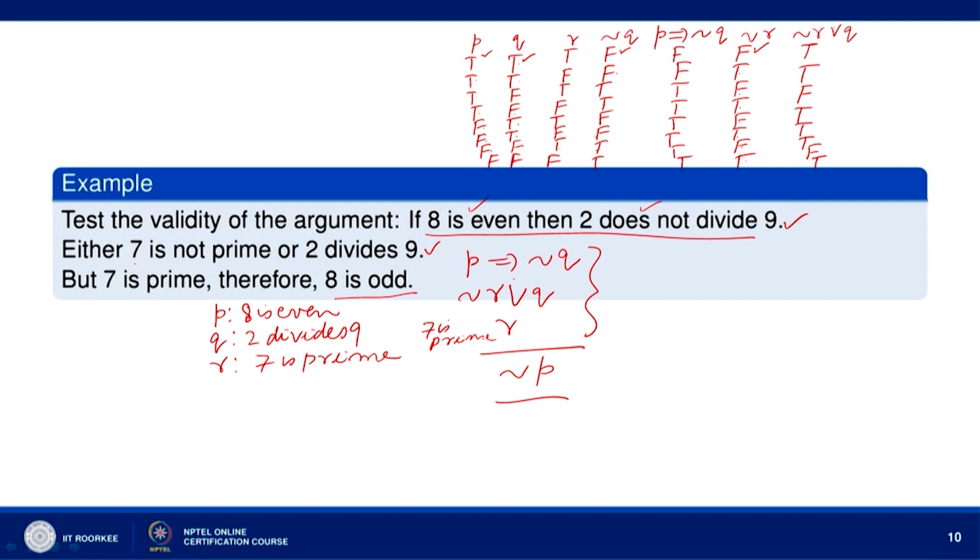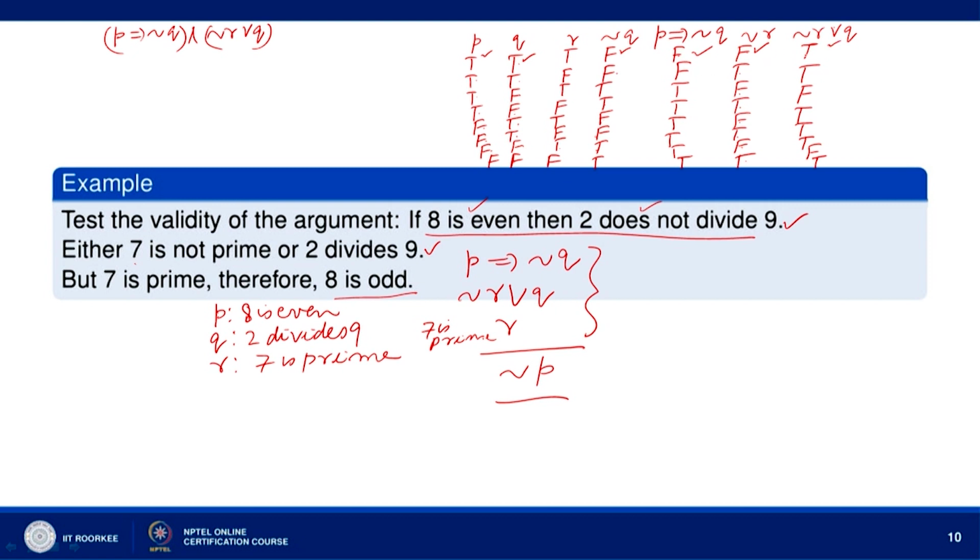So, we have now to consider P implies not Q and not R or Q, and R. So, let us see, we have to consider first the combination of the two only. So, we have to consider P implies not Q, this column, and not R or Q, this column.